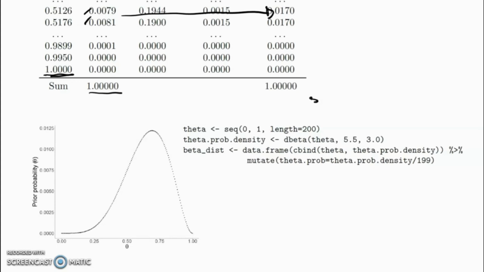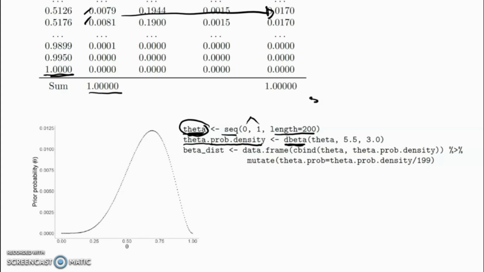The first thing I'm going to want is my fine grid of theta values, length of 200, produced by the seq function with beginning and end points for this vector being 0 and 1 respectively. Then I'm going to obtain the probability density associated with each one of these values of theta by using some R code.